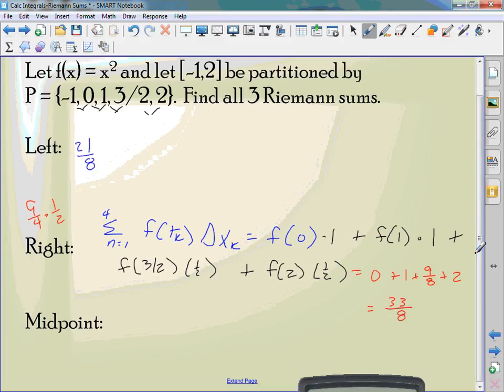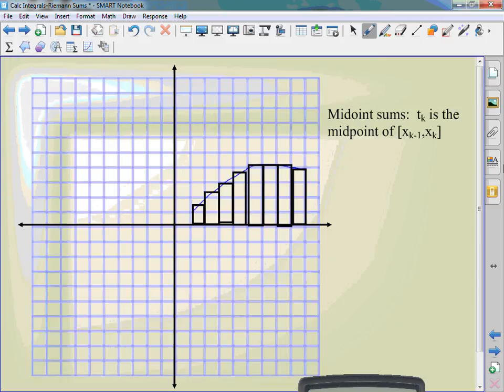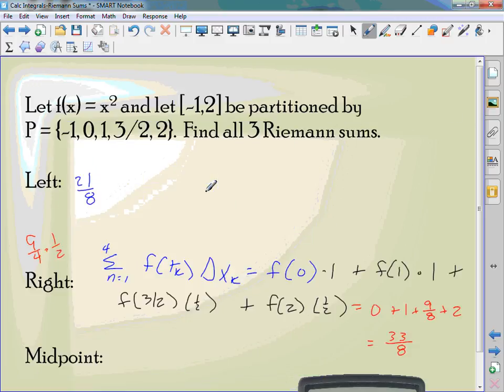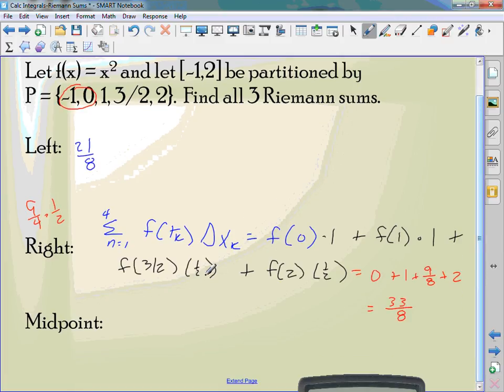Now for the midpoint one. Are you okay with the right? Are you okay with what numbers to start at and how to find the difference? For the midpoint one, you're taking the midpoint of these 2 points. So I'm going to take the first 2. What's the midpoint between the first 2? -1/2.